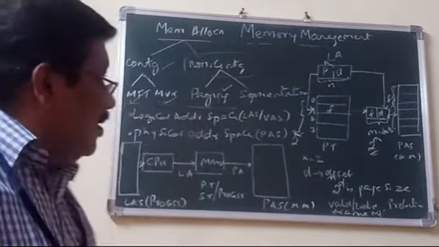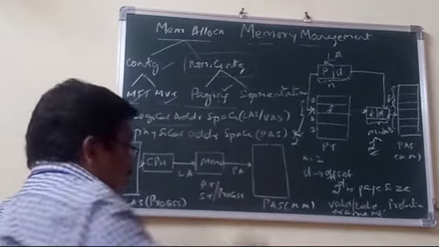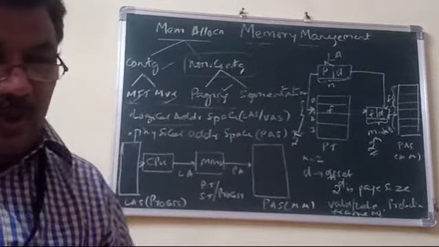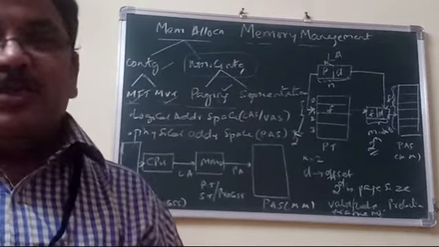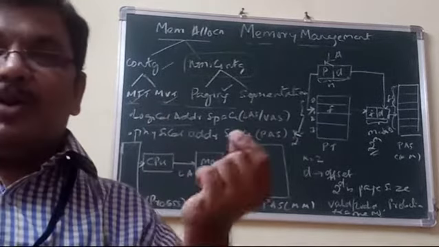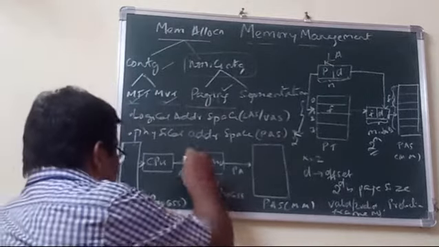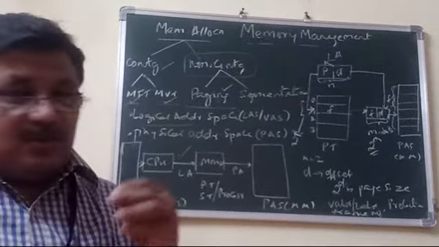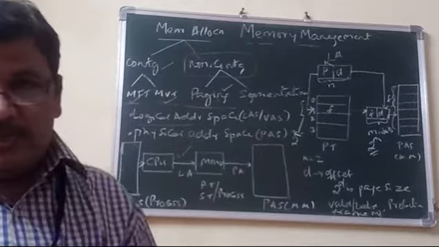The user's view of the program is called the logical address, and whenever the CPU starts executing the program, it generates addresses with respect to the user's program. The addresses generated by the CPU while executing the program are called logical addresses.